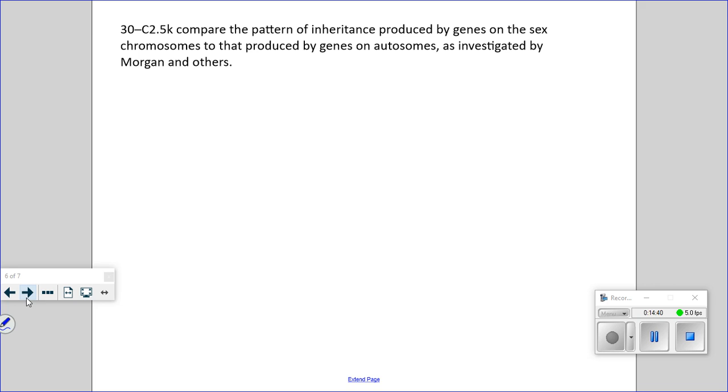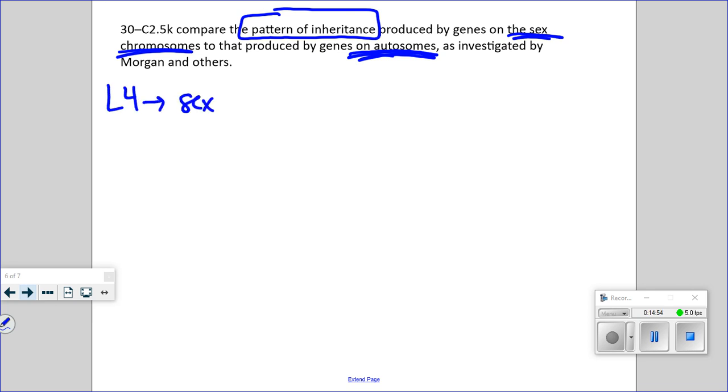Now, the next outcome compares sex chromosomes and autosomes and mentions pattern of inheritance. So I would say this goes with lesson 4, where we talked about sex-linked traits the first time. Remember that things can be X or Y linked.